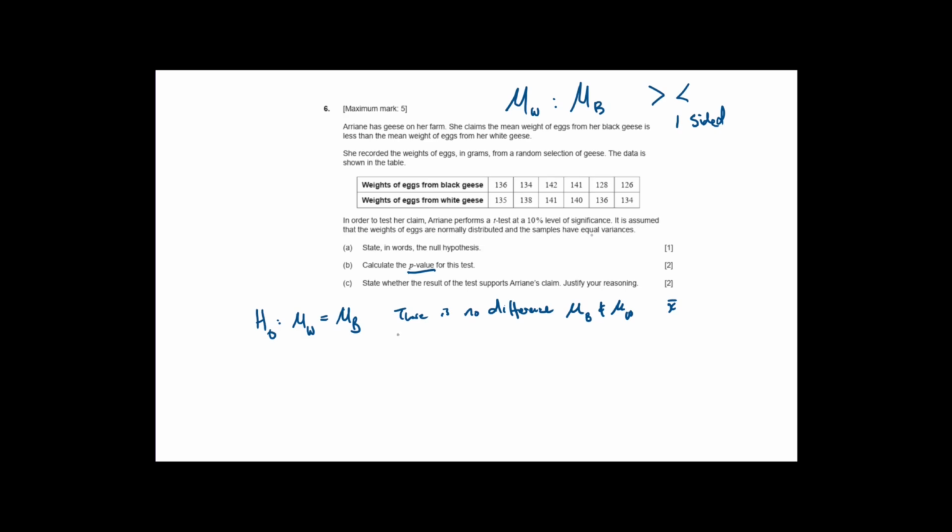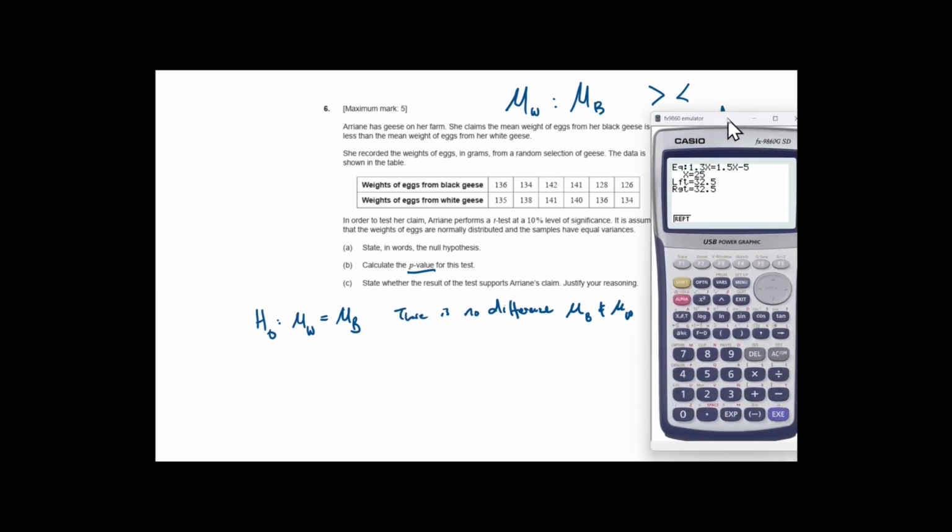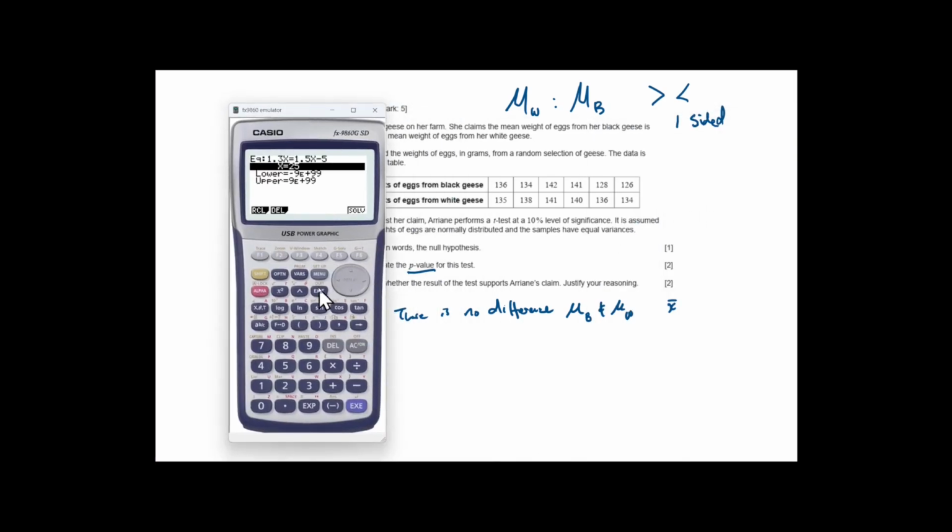Oh, it's going to be really, really gruesome, that test, but fortunately we can use our calculators, and it's worth 2 marks, so we're not really going to need to show all of the working. So let's grab our trusty calculator and put these numbers in. First thing we're going to do is clear everything off.